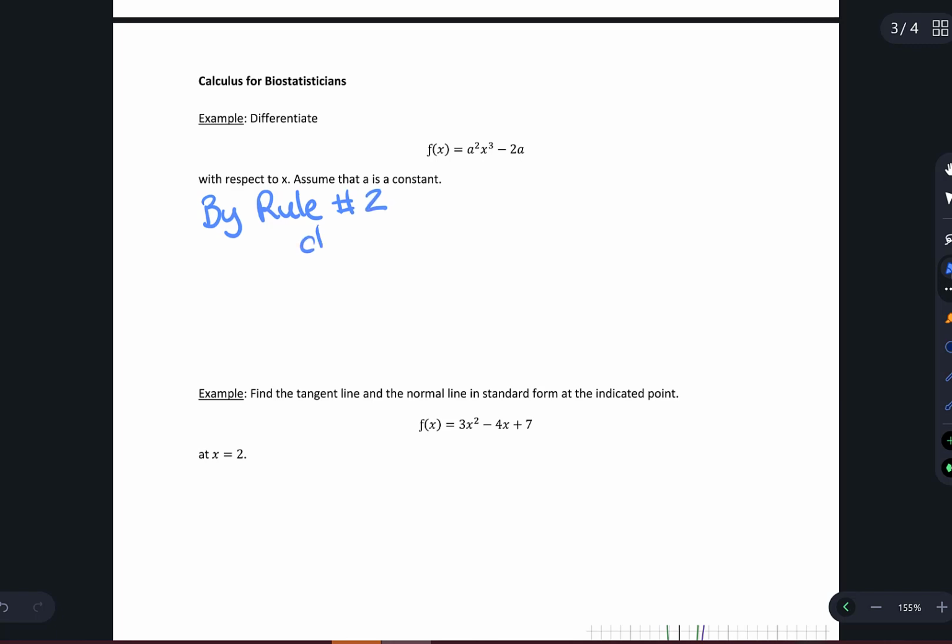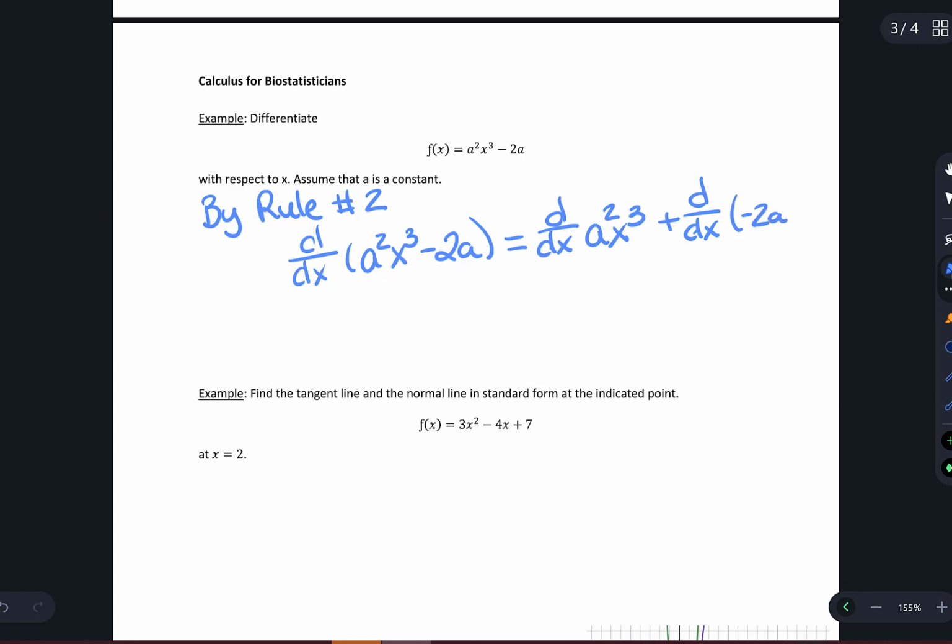So first, by rule number 2, we know that the derivative with respect to x of a squared x cubed minus 2a is going to be equal to the derivative with respect to x of a squared x cubed plus the derivative with respect to x of minus 2a. And then by rule number 1, now remember a is a constant, so a squared can come out of the derivative.